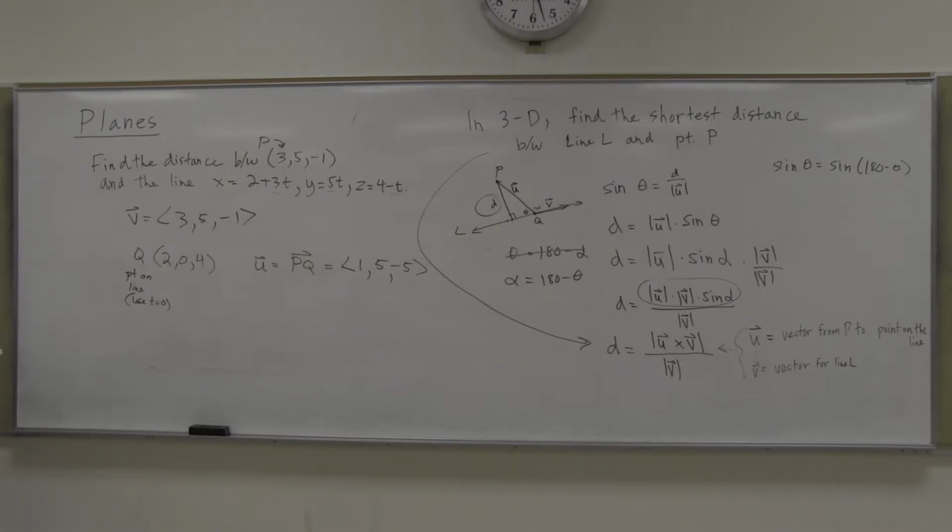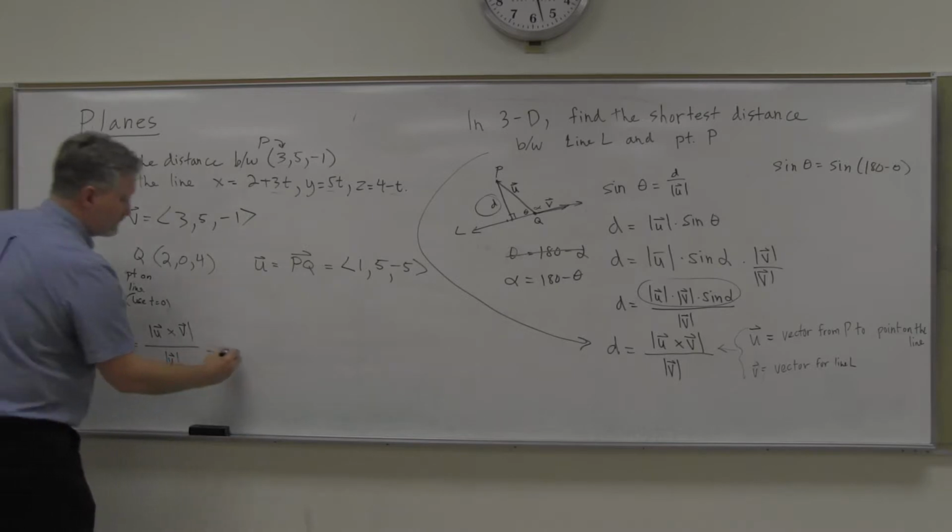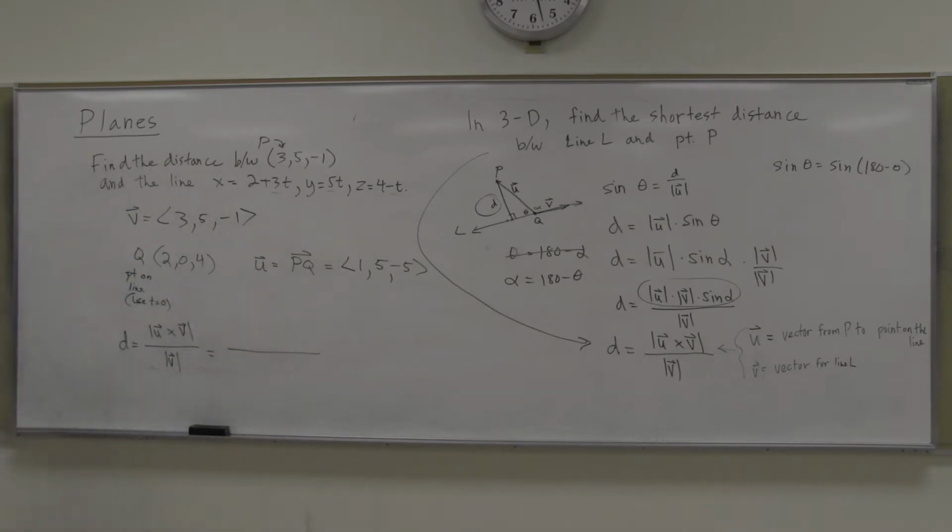So now we get our distance. The distance is the magnitude of u cross v, divided by the magnitude of v. So what do we got here? How do we get that cross product of u and v?